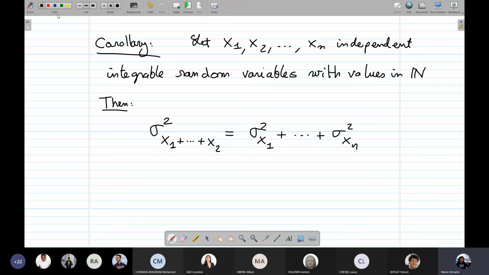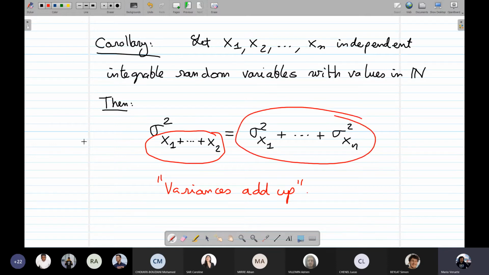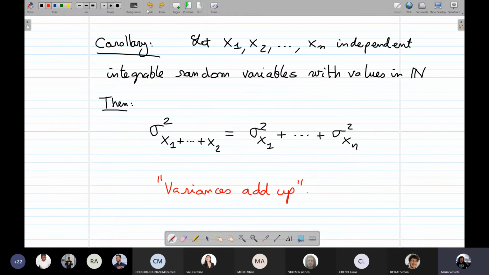So we can summarize this as: variances add up. Les variances s'ajoutent. So if you want to compute the variance of a sum of random variables, you only get the sum of the variances of the random variables. Of course, please do not forget the hypothesis, which is independent integrable random variables.